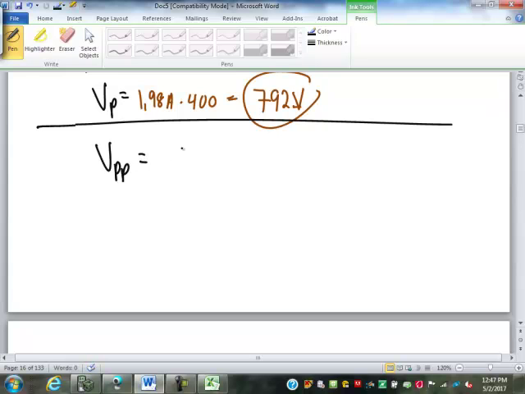So if I give you voltage peak to peak of 480 volts, resistance of 3.8 ohms, find the RMS current.